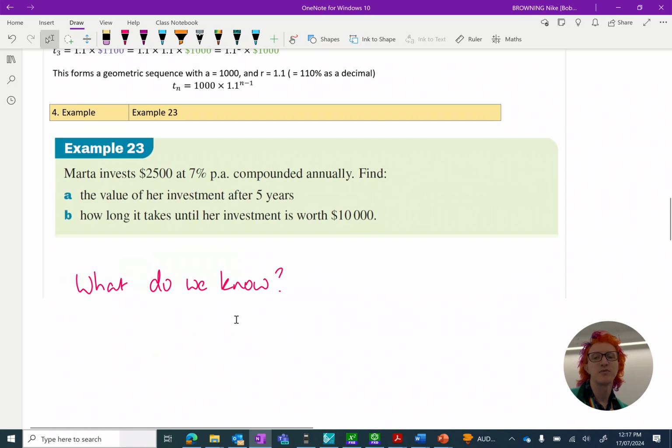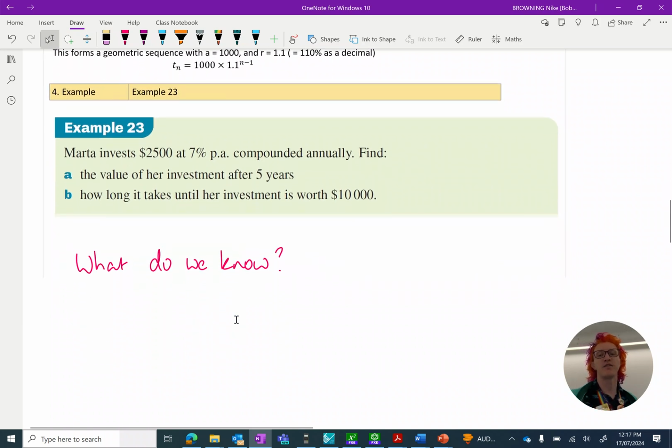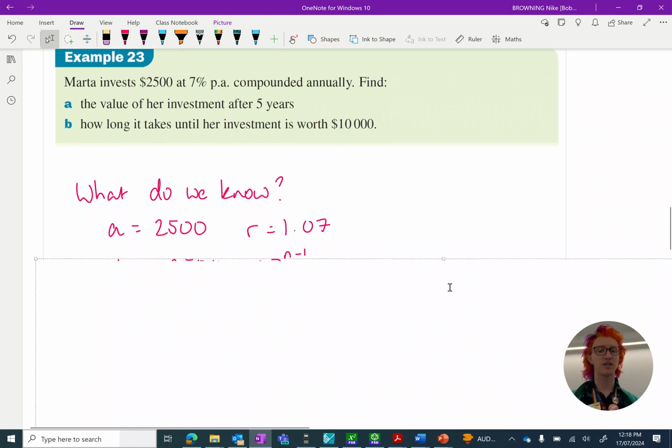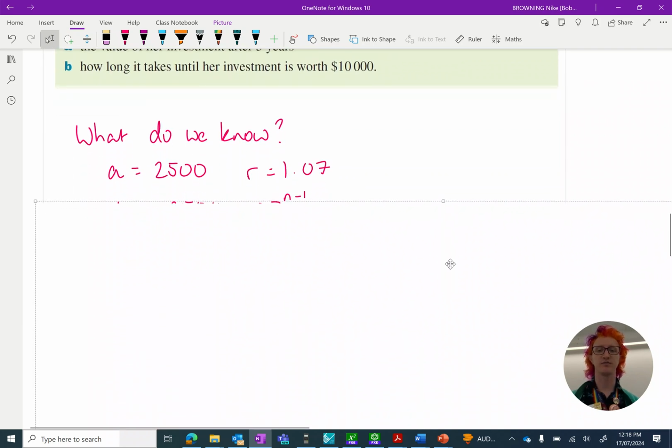So our example from the book: Marta invests $2,500 at 7% per annum compounded annually. Find the value of her investment after 5 years and how long it takes until her investment is worth $10,000. Start with what we know. We know A is going to be equal to 2,500 and R is going to be that extra 7%, so 1.07.